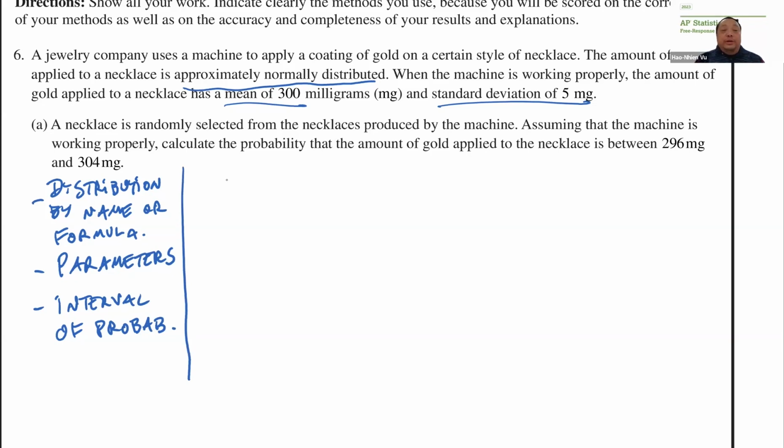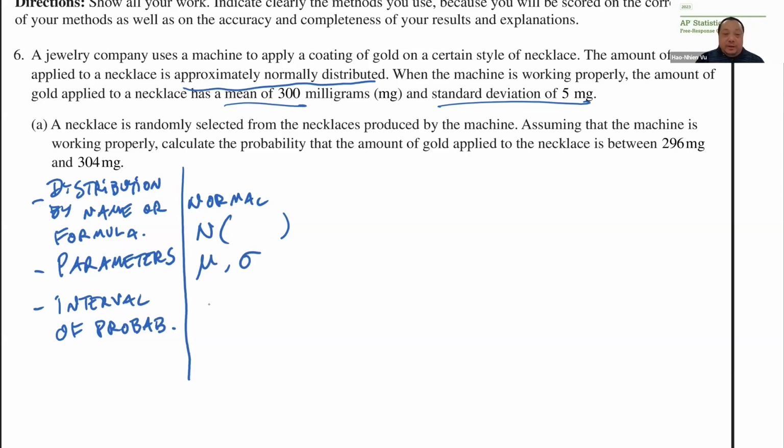People usually don't identify the normal distribution by formula. That happens a lot more often with the binomial distribution. People would just usually define it by name by writing the word normal or using the math notation capital N. The parameters that define the normal distribution would be mu and sigma, or sigma squared if you're used to doing that.